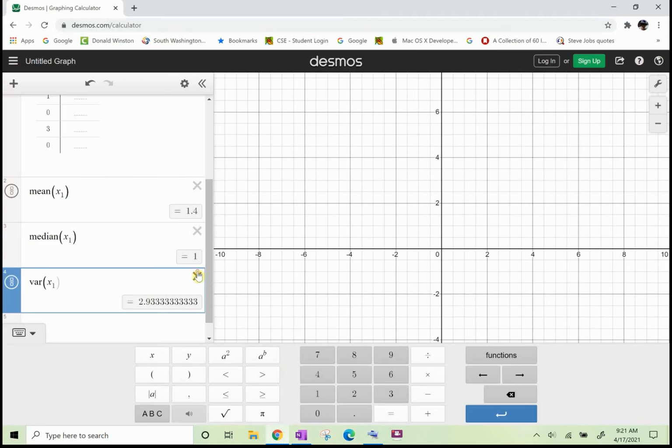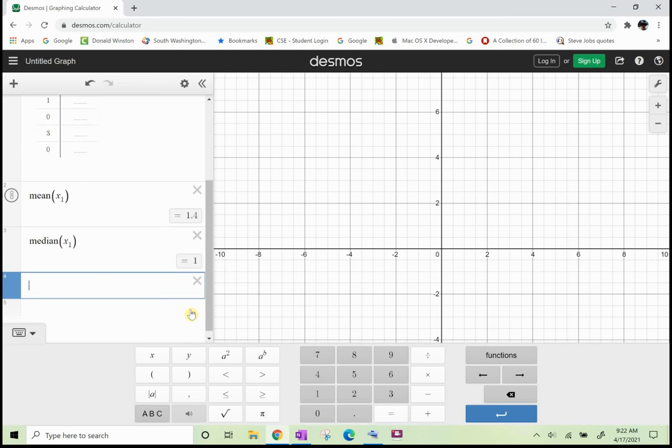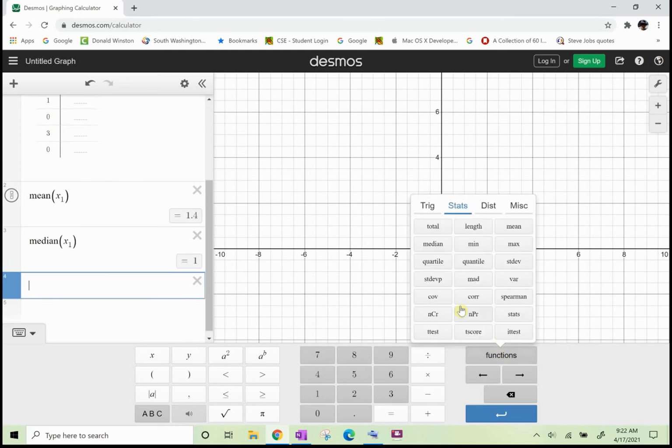Which is something we should do more in statistics. But for standard deviation for our purposes, we'll want to use STDEVP, standard deviation of a population. Let's try this one.